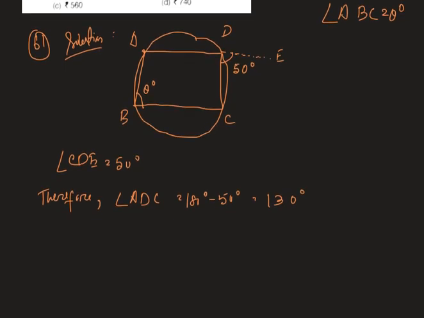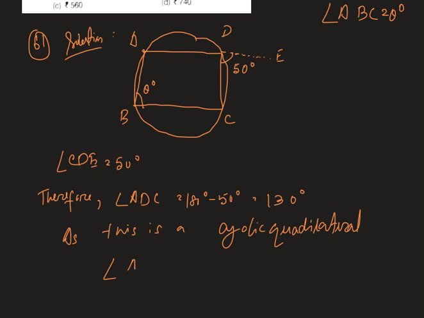Now as this is a cyclic quadrilateral, therefore angle ABC plus angle ADC is equal to 180 degree.